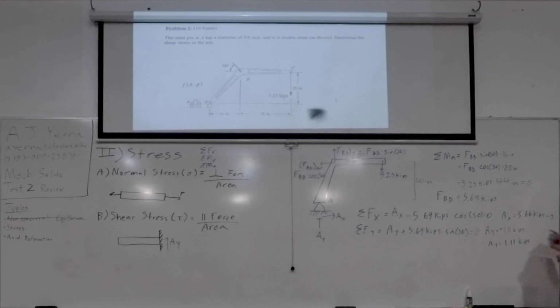And again, it'll work the same way if you assume the forces to be in the other direction, so it can't go wrong. I like up and to the right just because it makes more sense, kind of like first quadrant.